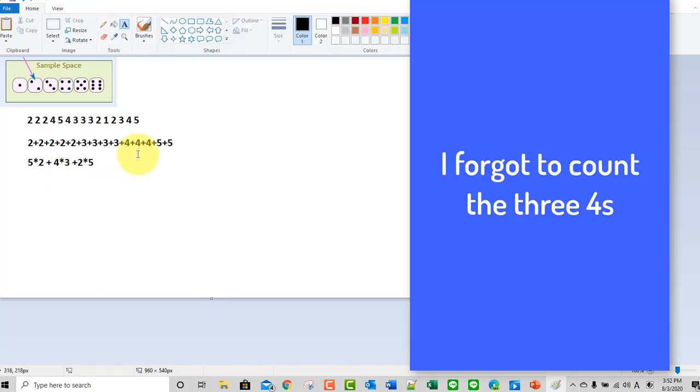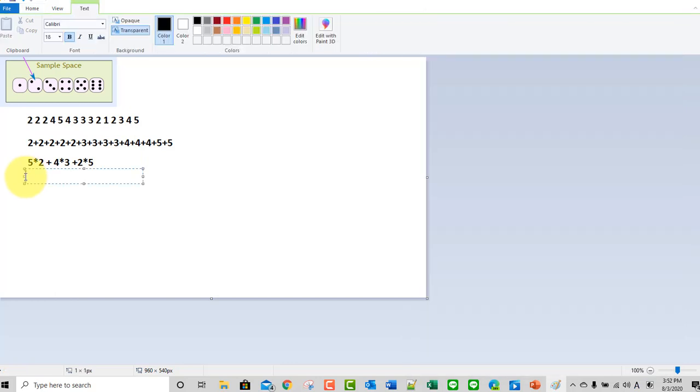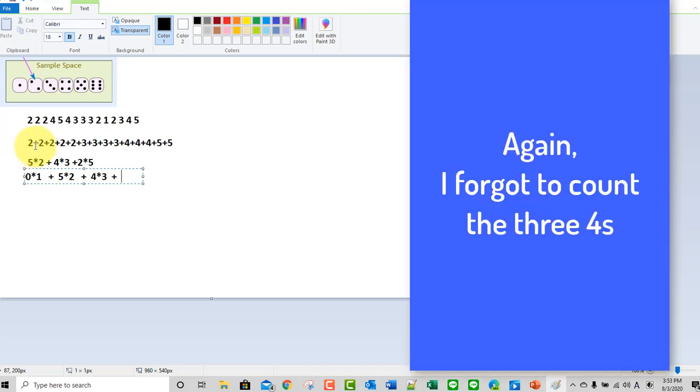And that's the same thing as this. And then I could put in the fact that I have 0 1's. So I could have 0 times 1 plus 5 times 2 plus 4 times 3 plus 2 times 5, plus, we have 0 6's.